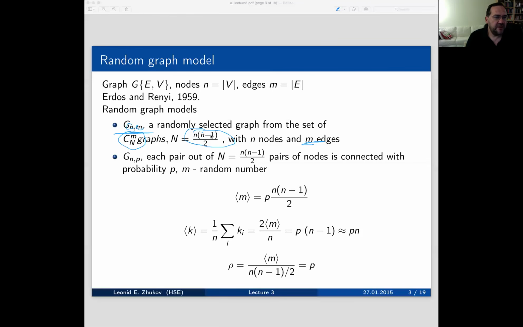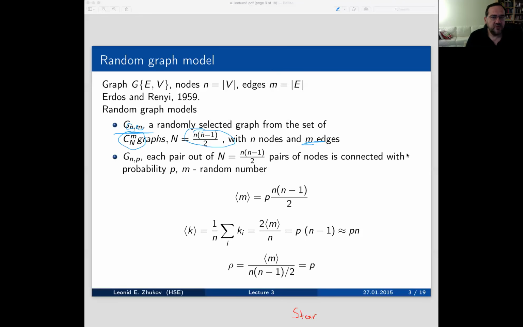The graph that is selected has n nodes and m edges, and it is random in this sense. But this definition is not very constructive. In order to build it, you actually need to create all those graphs and then randomly select one.